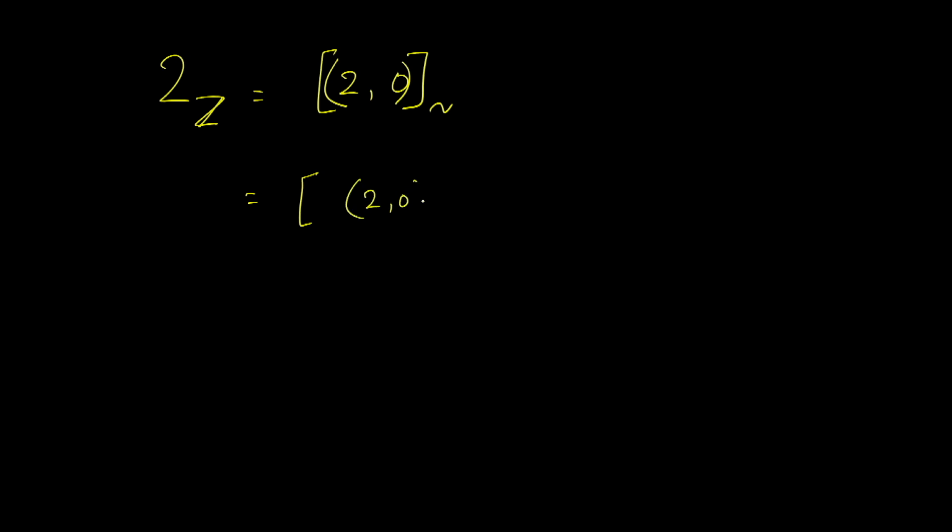So, what exactly do we do here? We define integer 2 as the equivalence class under tilde which contains (2, 0). This would of course contain (2, 0), (3, 1), (4, 2).